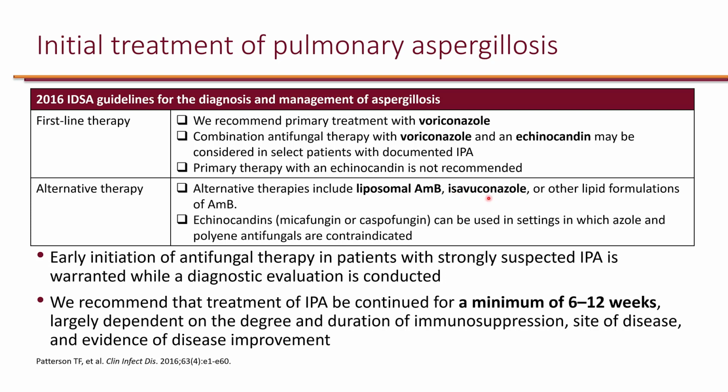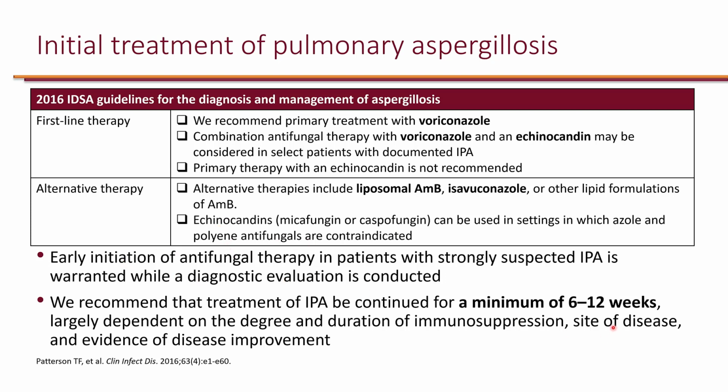Nowadays we have more experience with isavuconazole, so it's a pretty effective drug for pulmonary aspergillosis. And then echinocandins can be used in the setting in which azoles and polyenes, so amphotericin B, are contraindicated. So that's when we would do echinocandin monotherapy, when we have no other options available.